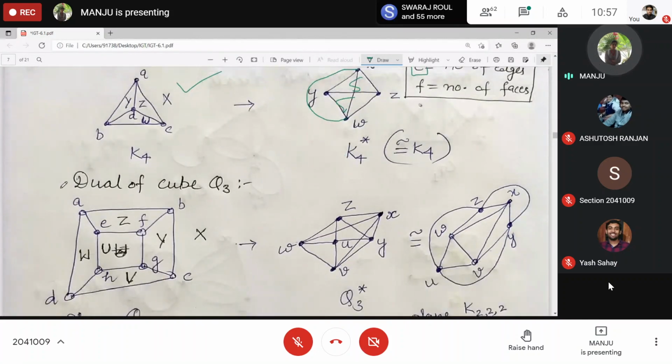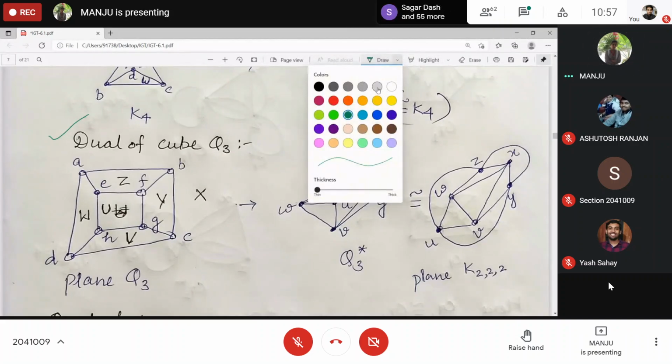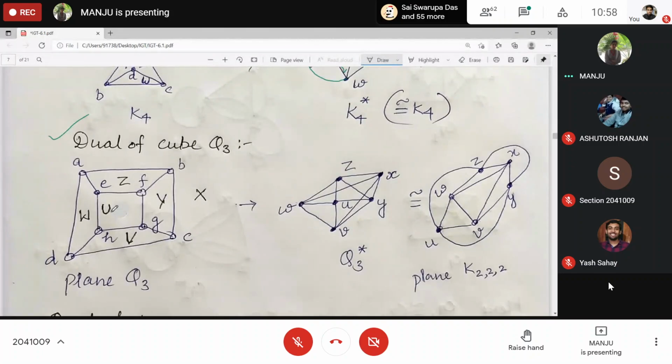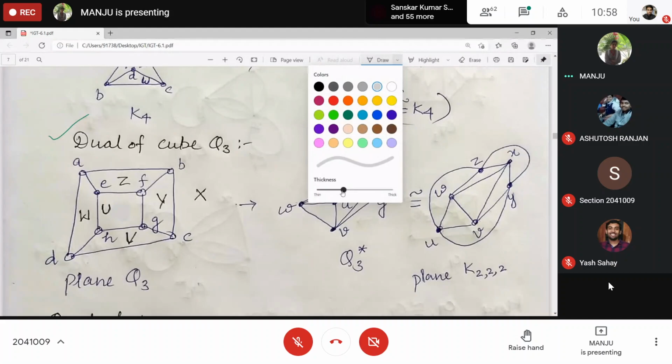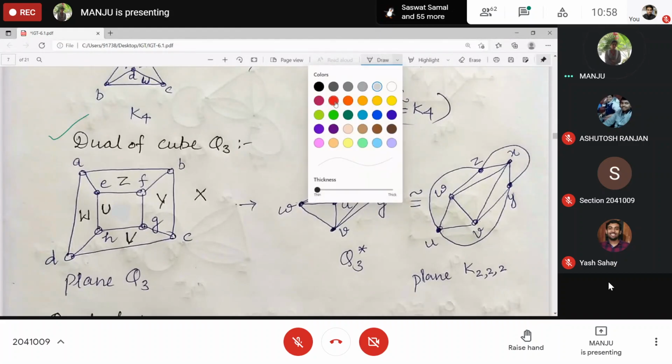Dual of Q3. Q3 is your plane graph, a planar graph.